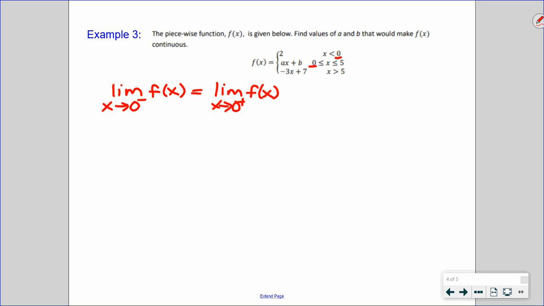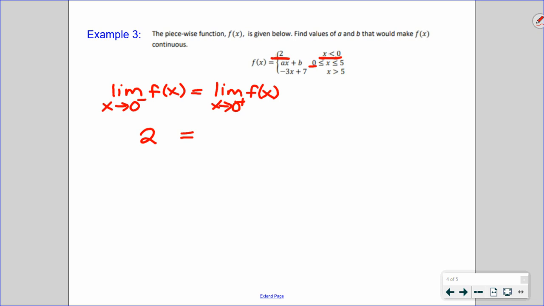So if I were evaluating the one-sided limit as x approaches 0 from the left, I would be looking at this piece, because if we're approaching 0 from the left, x would be less than 0. Okay, so because that's a constant, I know the limit's going to equal the constant, so that's just going to equal 2.